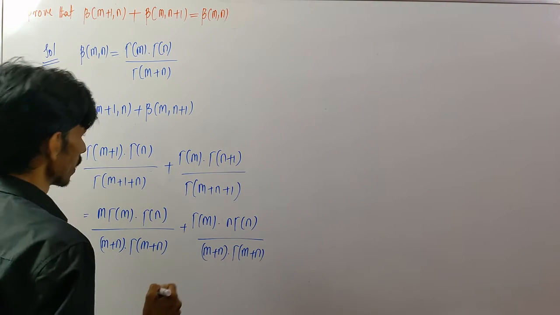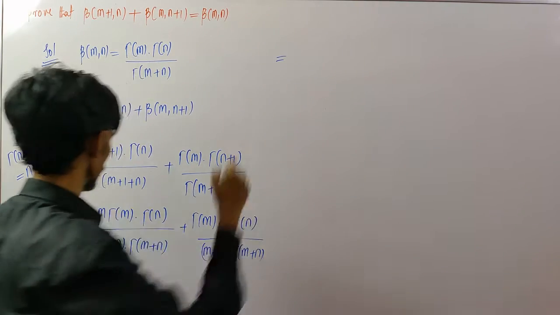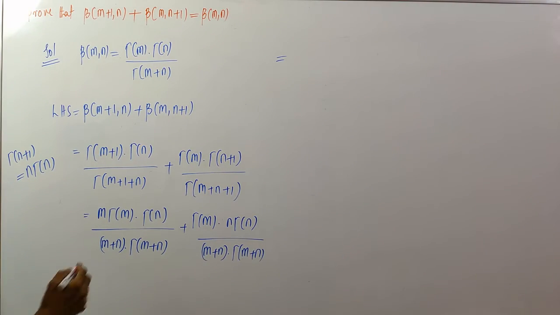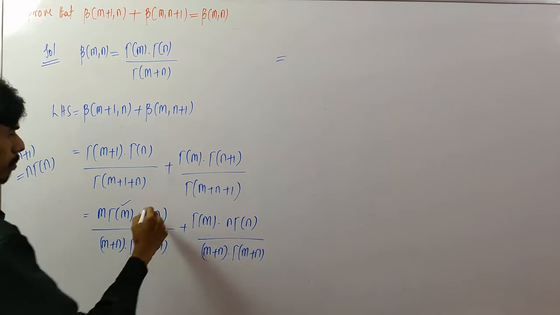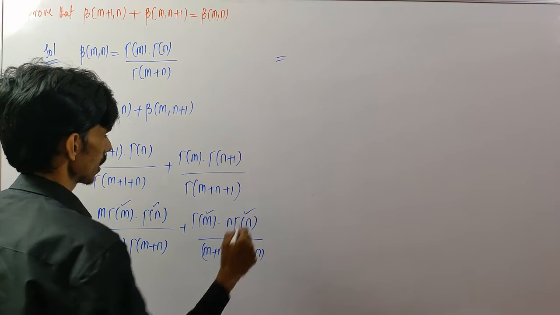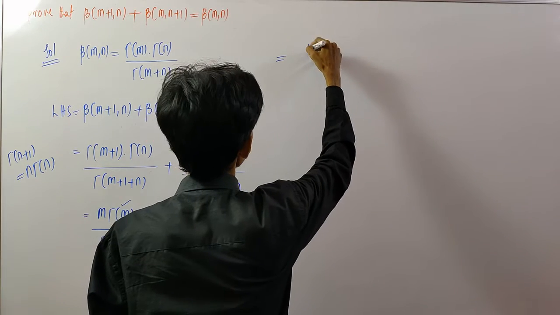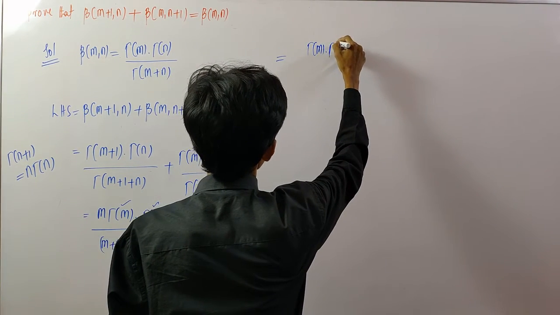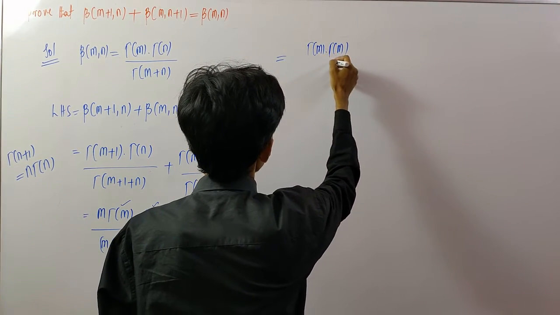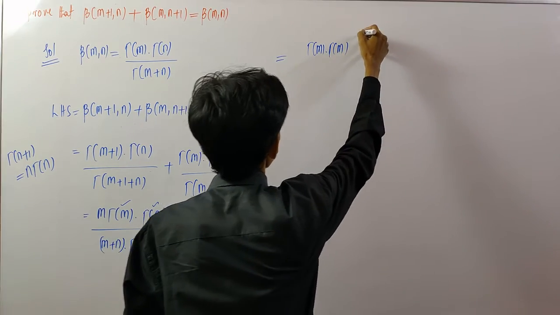Now we have gamma m gamma n in both terms. Take gamma m into gamma n common.